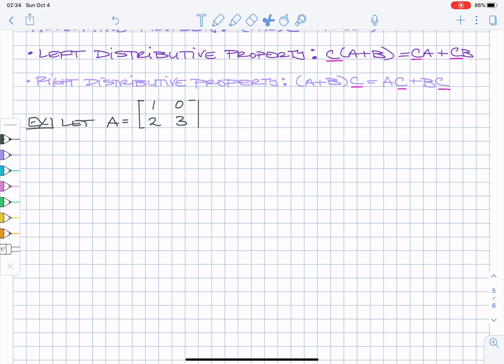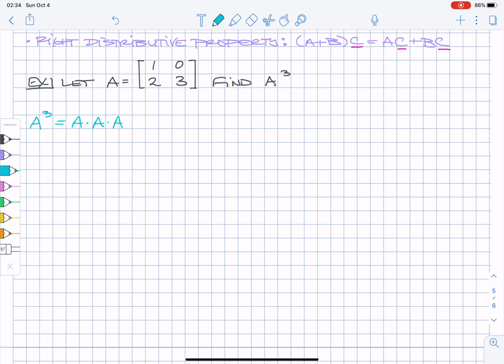Let's find A cubed. Okay, so what is A cubed? Well, A cubed is really A times A times A.